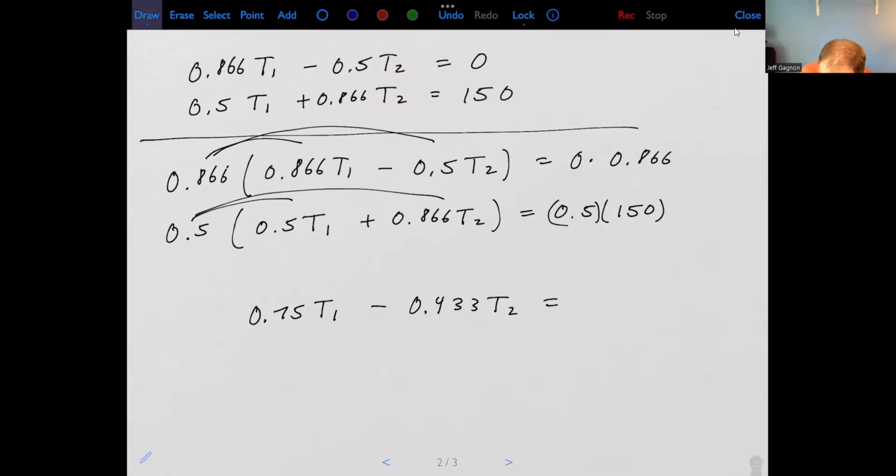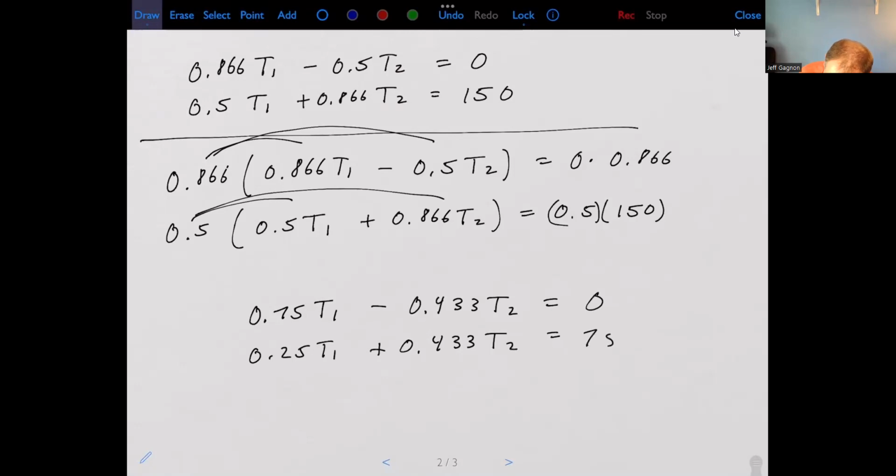That's equal to 0 times 0.866, which is just 0. And then in the second equation, 0.5 times 0.5 is 0.25 T1, and 0.5 times 0.866 is positive 0.433 T2, equal to 0.5 times 150, which is half, right?